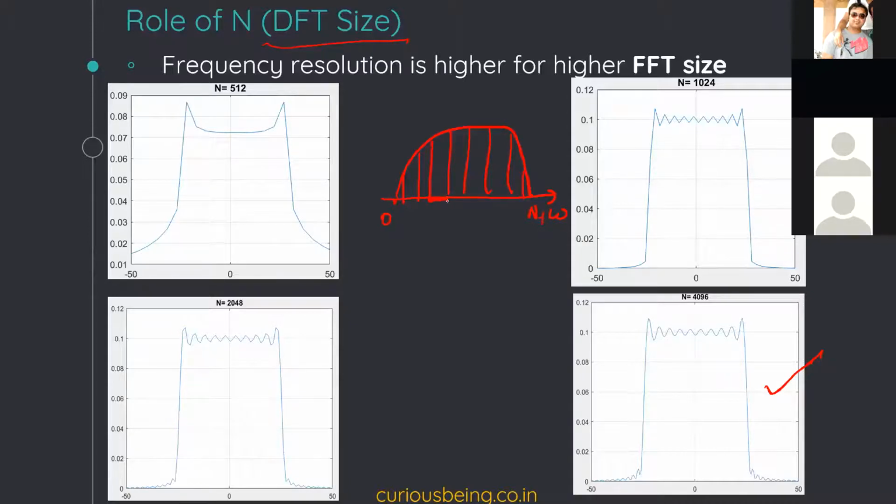So the frequency bin width is 2π by N. Consider two cases, N equals 4096 and N equals 2048. For the 4096 case, these bins will be closer to each other, and it will be closer to a continuous signal. Correct? That's why for higher values of N, we are closer to an ideal signal.